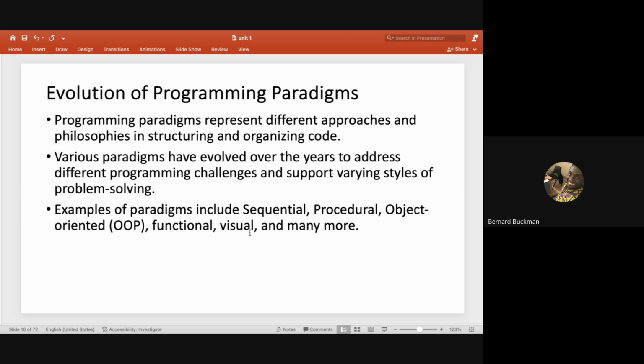We've had so many different styles of programming evolve over the period, and this has changed the way software is developed.